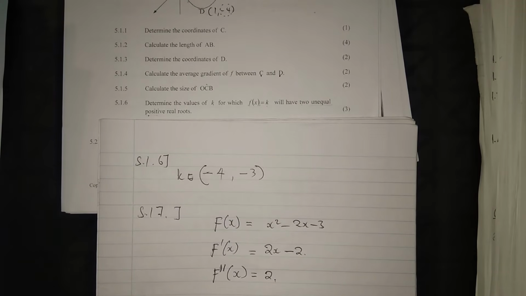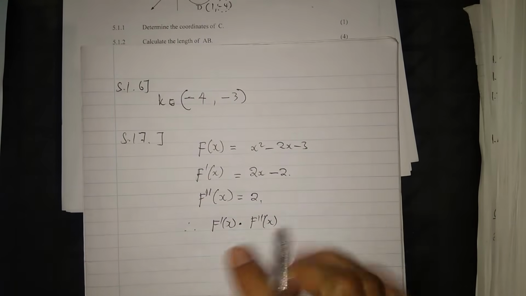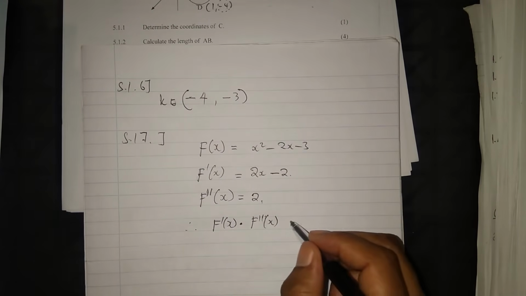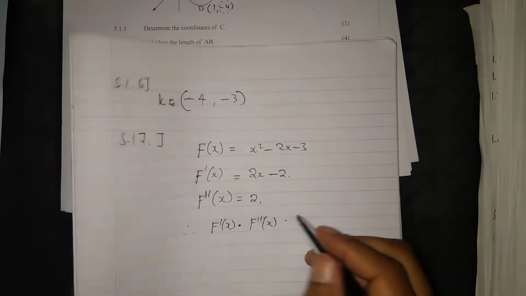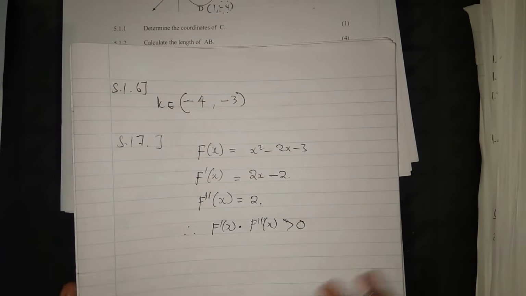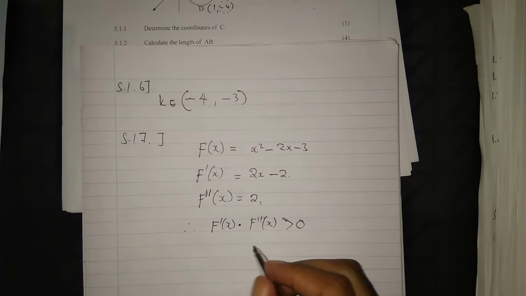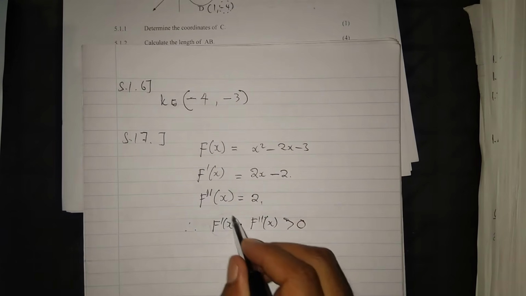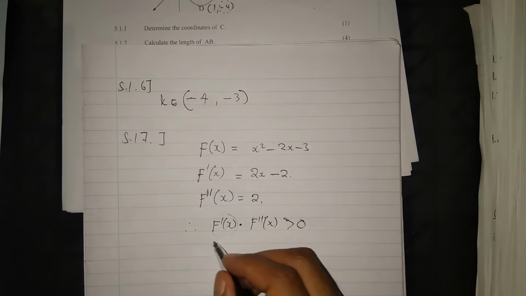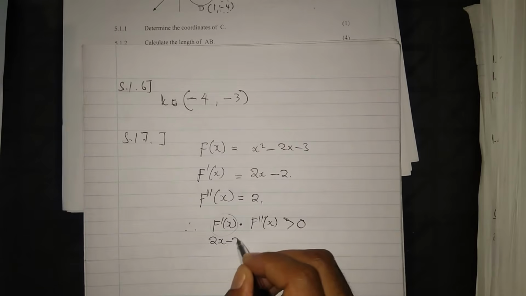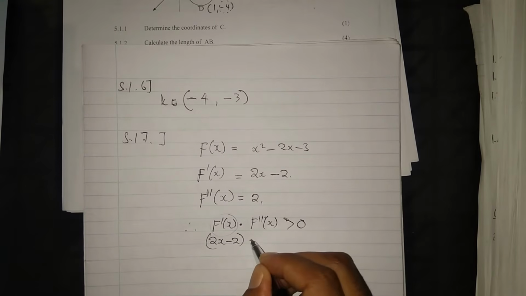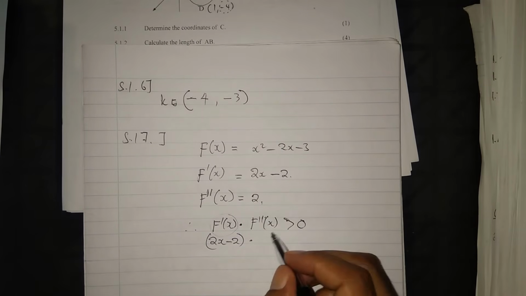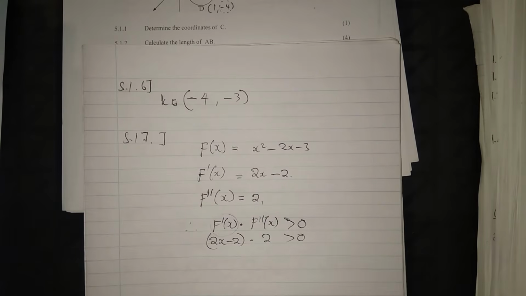So therefore, now I will multiply the first derivative with the second derivative. The first derivative multiplied by the second derivative should give me a value that's greater than 0. So therefore, f prime x, substitute 2x minus 2, times f double prime which is 2, greater than 0.